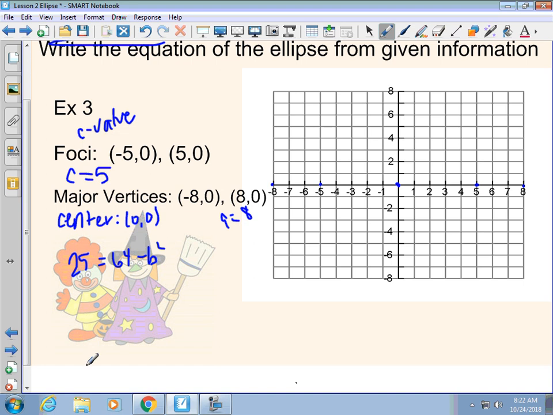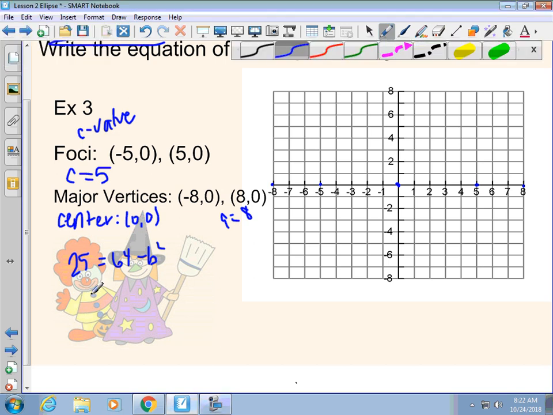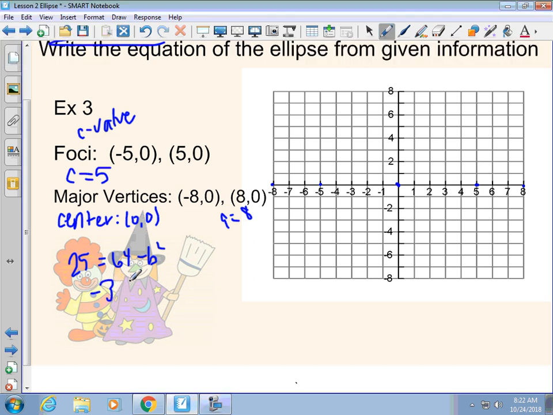Subtract 64 from both sides, and we're going to get negative 39 equals negative b squared. So b squared is positive 39. Now all we need is b squared, right? We don't need the square root, so we can leave that as 39. Now we have all of our pieces and we just need to write our equation.